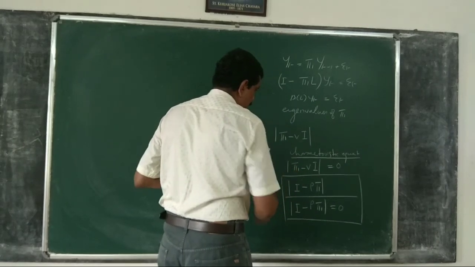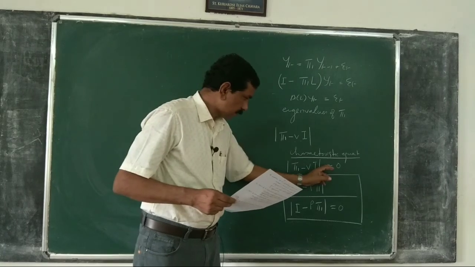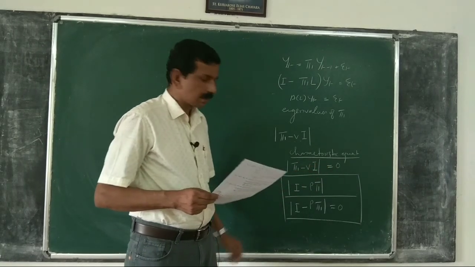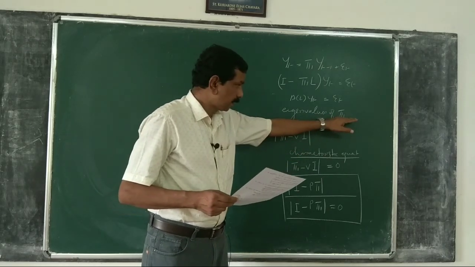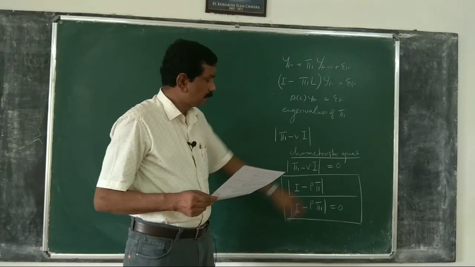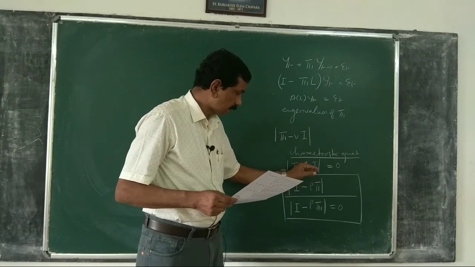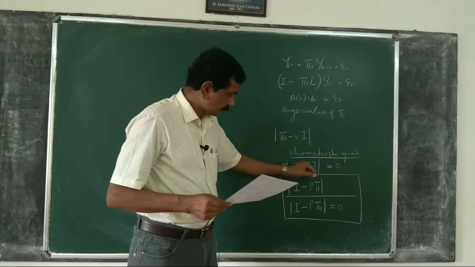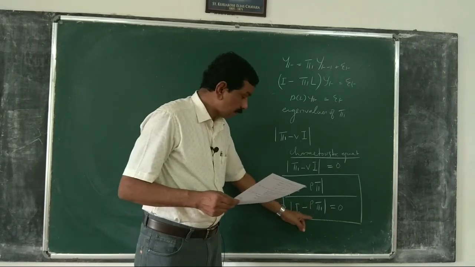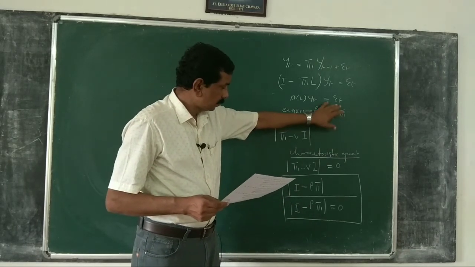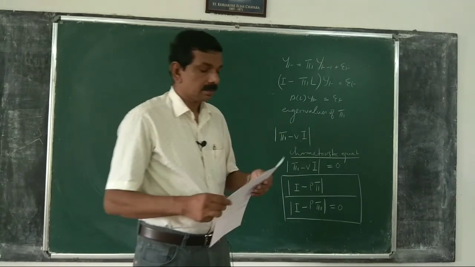From the solution of the characteristic polynomial you will get the values for v, and these values are known as the eigenvalues of the pi1 matrix. The stability depends on the eigenvalues v, or the eigenvalues rho, and by considering the values, we will say whether the process is stable or not.